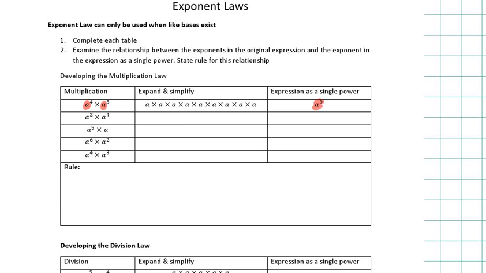Let's try the next one. a to the power of 2 times a to the power of 4. What do I have to write? a to the power 6. I write a times a for the first one, and then times a 4 times. So altogether I have a to the power of 6.